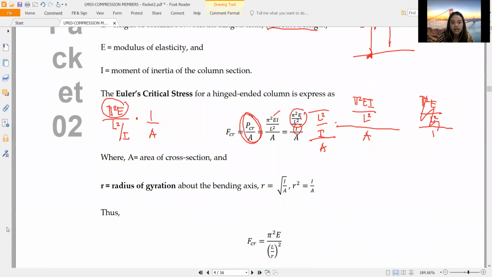And by having that, we can also divide all of this formula. Let me rewrite it again.